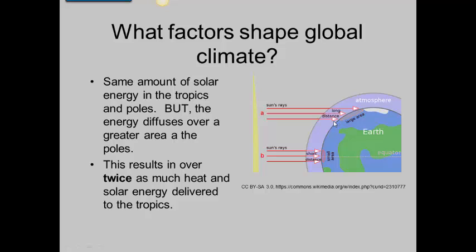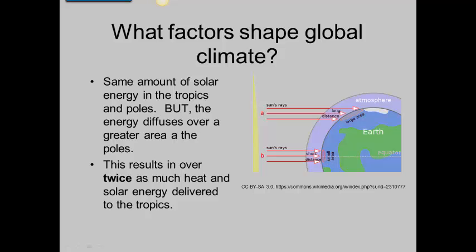As you see here in the northern part of the planet, the same amount of solar radiation is diffusing over a larger area of the Earth. In the tropics, there's more direct sunlight diffusing over a smaller land area.